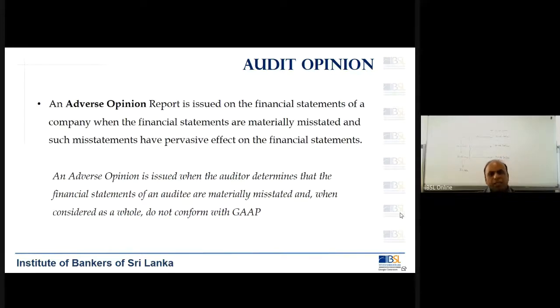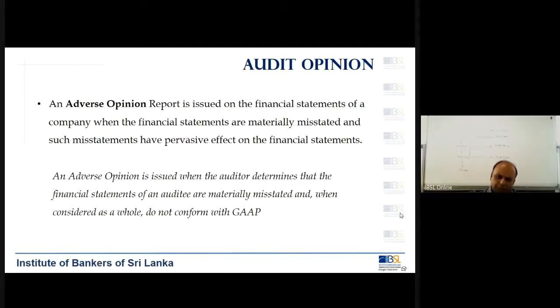The auditors can also give an adverse opinion. An adverse opinion report is issued on the financial statements of a company when the financial statements are materially misstated. Please underline materially misstated. What do you mean by materially misstated? Materially misstated means you can't depend or rely on these financial statements.